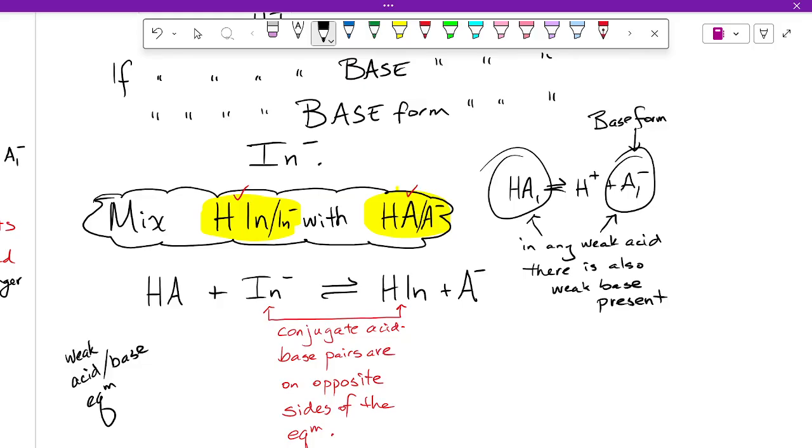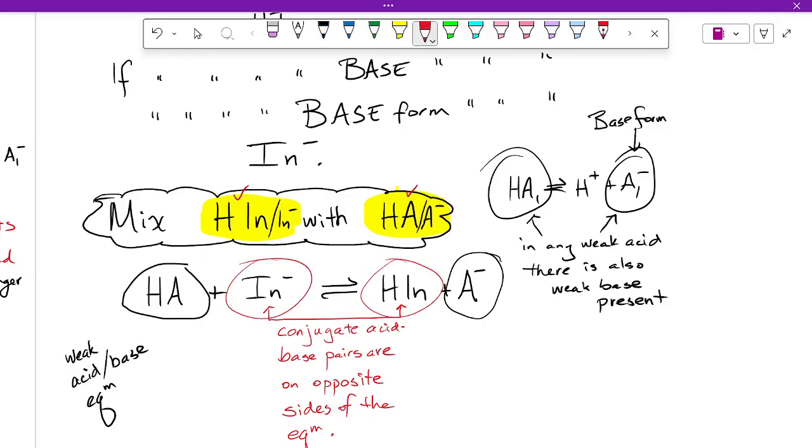And we came up with the fact that we have an equilibrium system with the acid and the base of one species on opposite sides, and the acid and the base of the other species also on opposite sides.